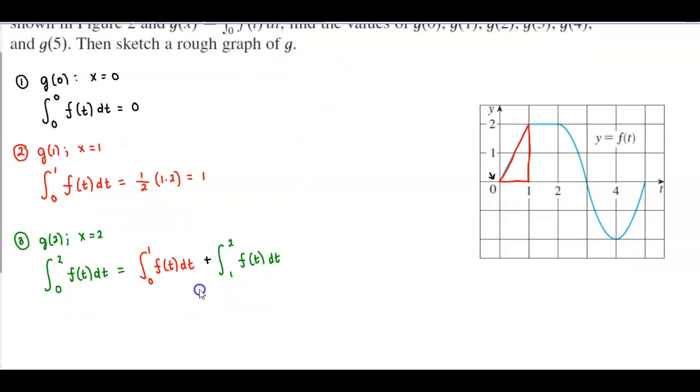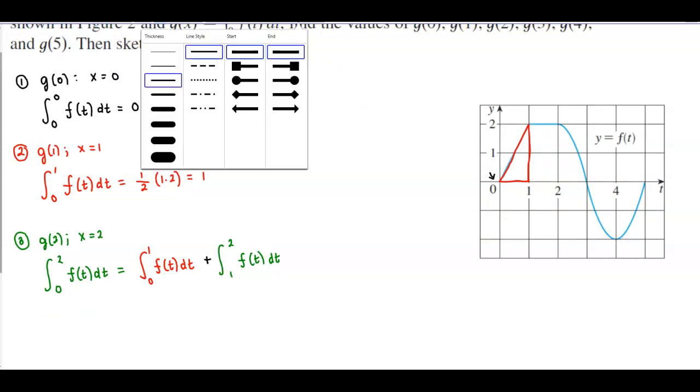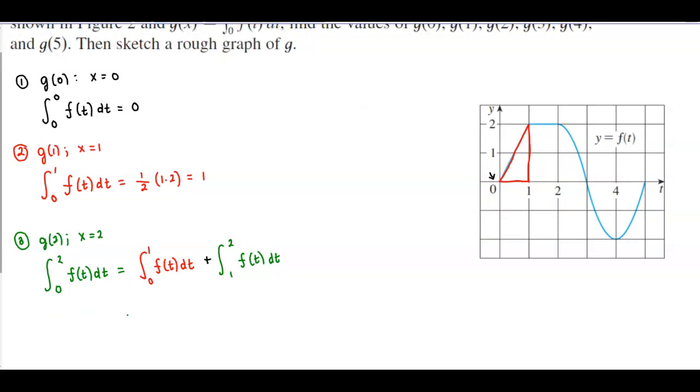From the second step, we know that this area is 1, plus now we want to find the area of this figure, which represents a rectangle. So it's the length times the width, which is 1 times 2. Therefore, 1 plus 2 gives us an area of 3.